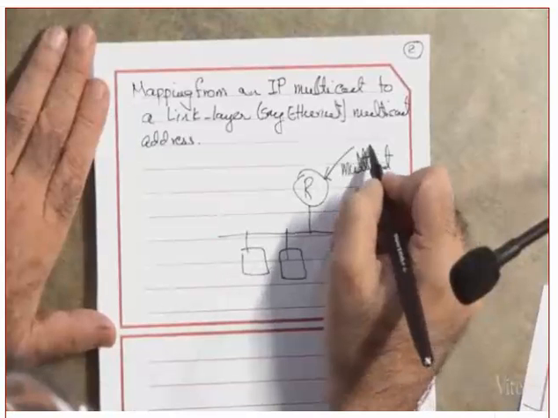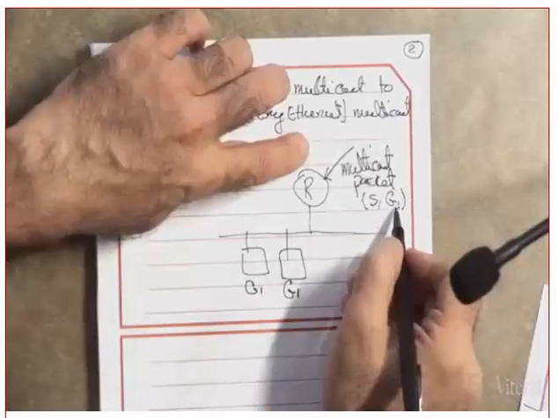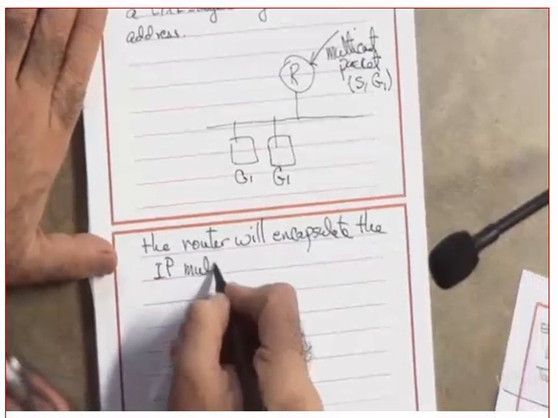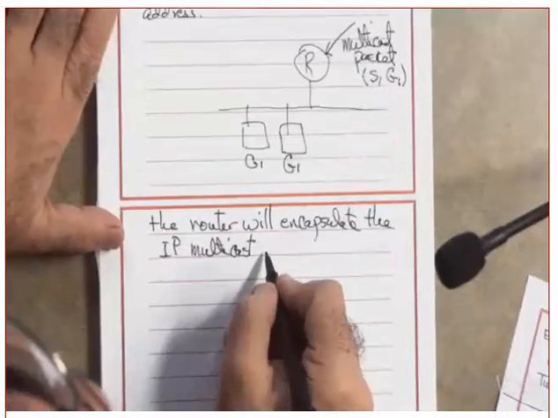In other words, the router takes this packet and puts it in a frame, and the destination MAC address is a multicast MAC address. The mapping works like this. Assume, just as an example, the IP address starts with 1110, followed by the 28-bit multicast group address. It will be mapped.